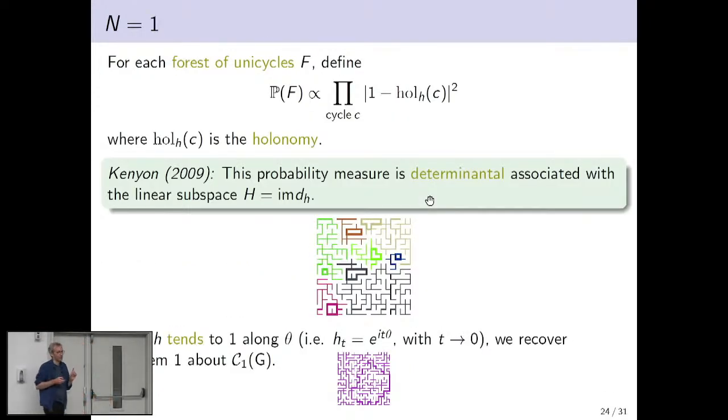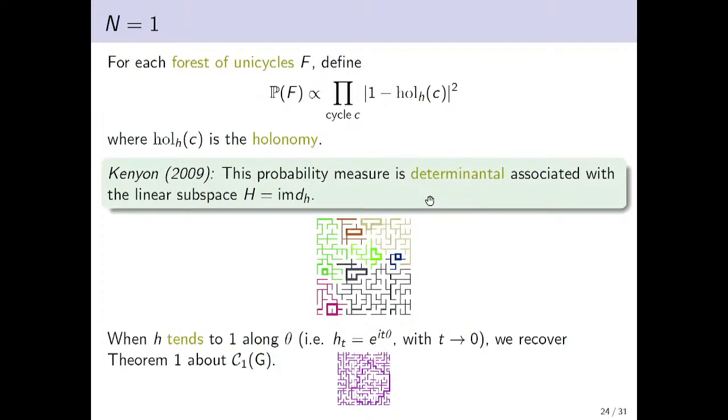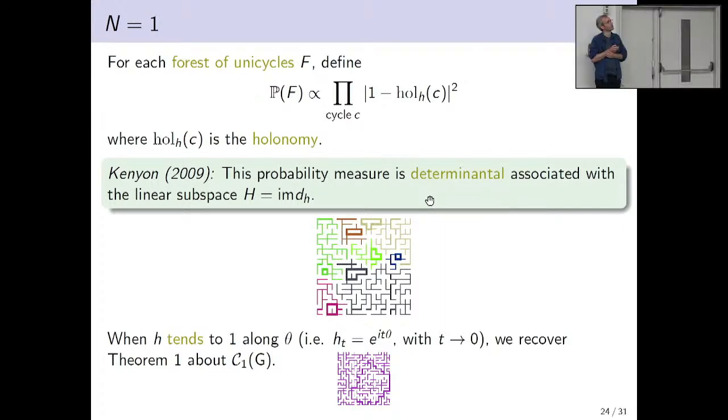Let us first start in the case, we come back to n equals 1. Actually, if you introduce these h's, which are now just unit complex numbers, already it gives rise to new distributions. So recall what is a forest of unicycles. It's a thing like this, which is a spanning subgraph, each of whose connected components has exactly one cycle.